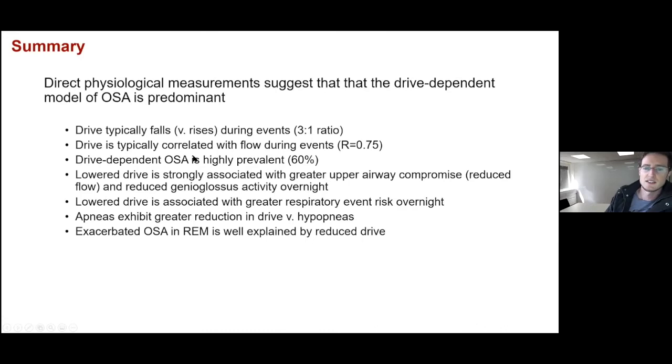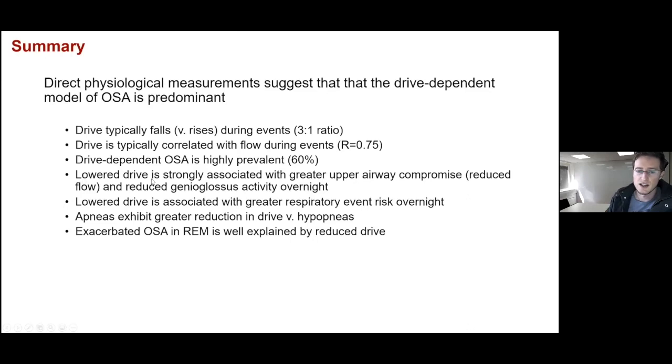Drive is typically highly correlated with flow during events, an R value of 0.75 within the event period itself. Drive-dependent OSA, when we score it versus classic OSA, is highly prevalent. In fact, there were only 7 out of 50, which is 14% odd, individuals who actually had a clear increase in drive during their events.